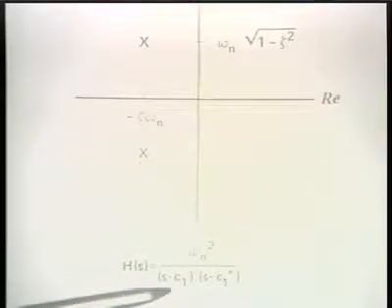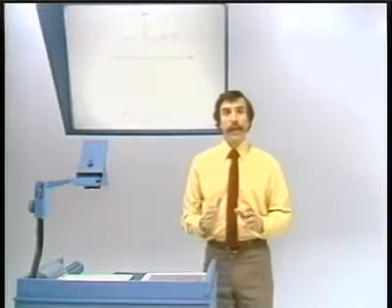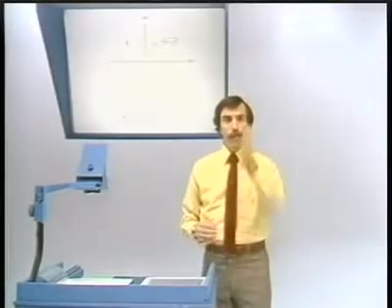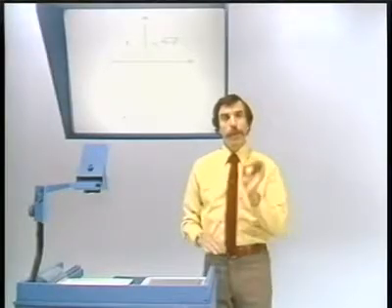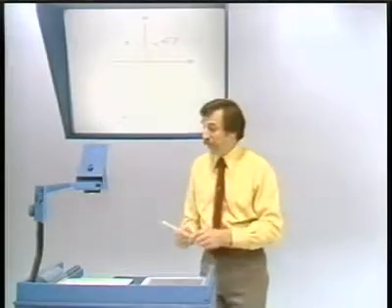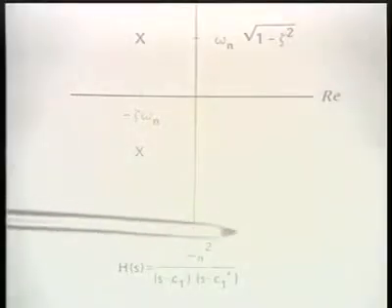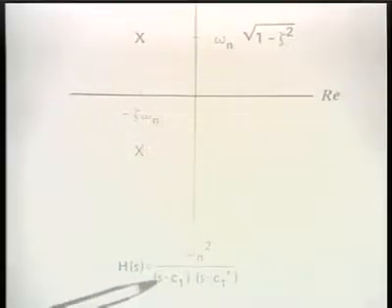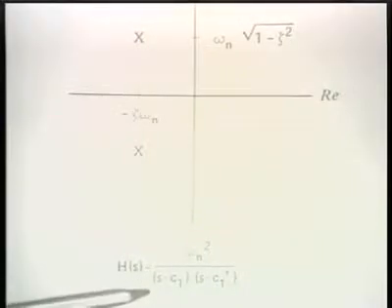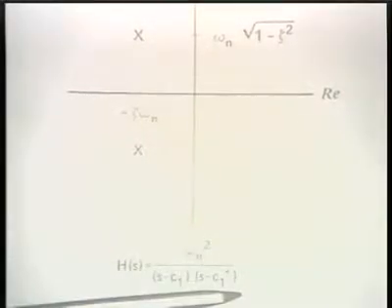Now, what we want to look at is the frequency response of the system, and that corresponds to looking at the Fourier transform of the impulse response, which is the Laplace transform on the j omega axis. So we want to examine what h of s is as we move along the j omega axis. To do that, in this algebraic expression, we set s equal to j omega and then evaluate, for example, if we want the magnitude of the frequency response, the magnitude of the complex number.